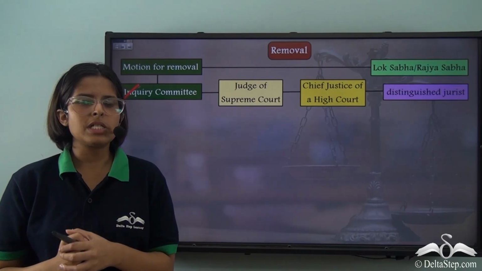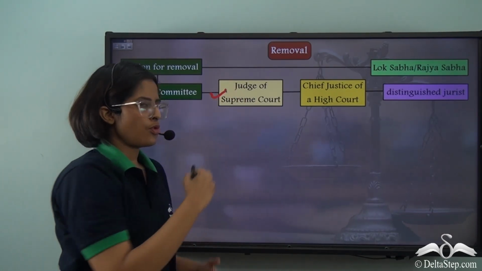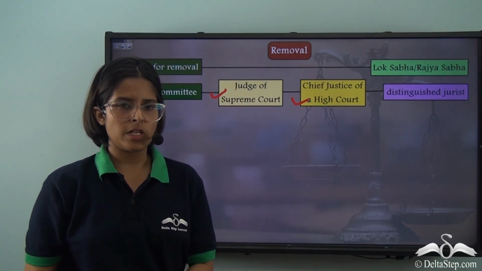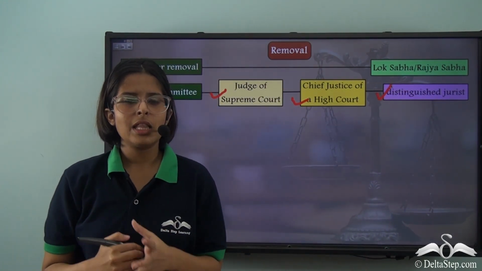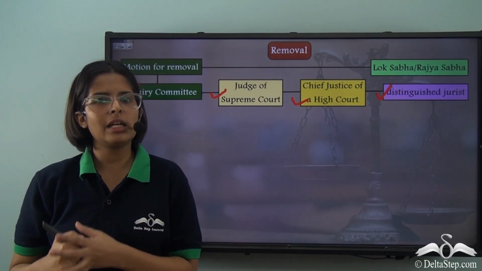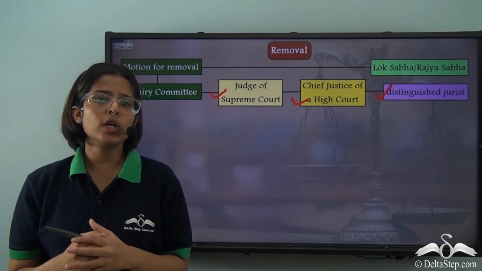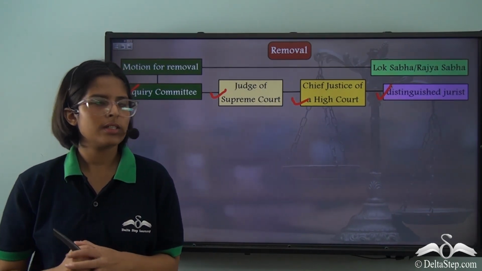This inquiry committee consists of 3 members: a judge of the Supreme Court, the Chief Justice of any of the High Courts of India, and a distinguished jurist, that is a legal practitioner in India. This 3-member inquiry committee will look into the charges that have been brought up against the judge of the court.